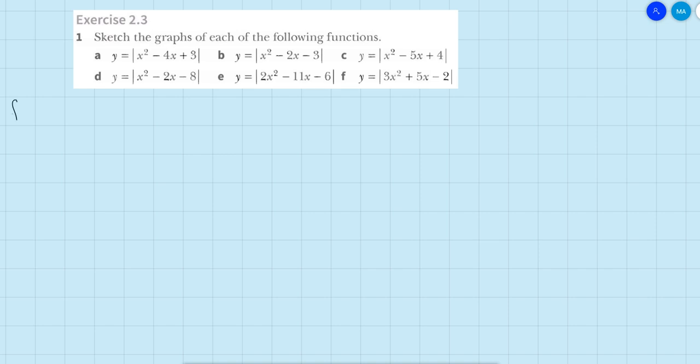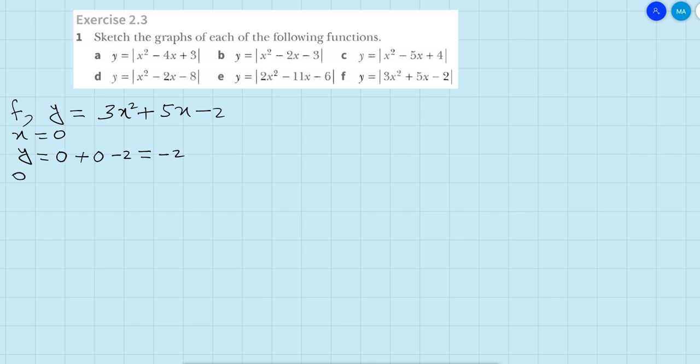Part F is y is equal to 3x squared plus 5x minus 2. So without the absolute valued function, first we have to put x is equal to 0. Then y is equal to 3 into 0 squared is 0, plus 5 into 0 is 0, minus 2 is equal to minus 2.